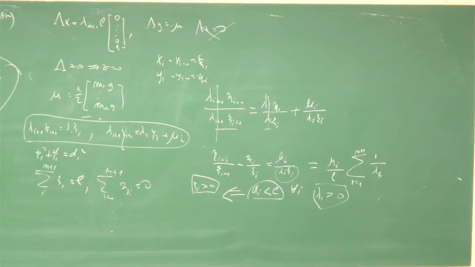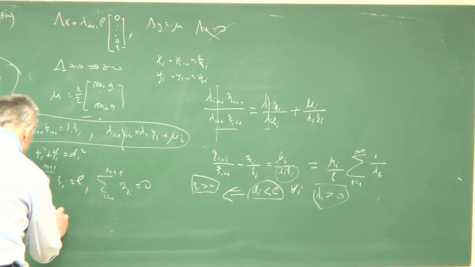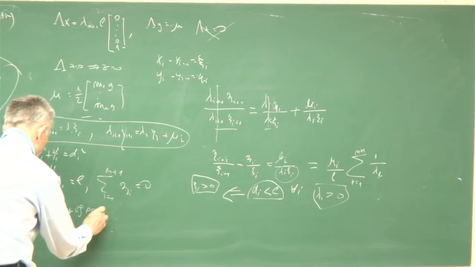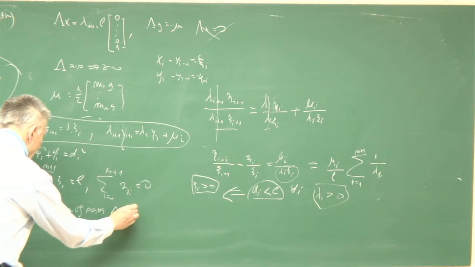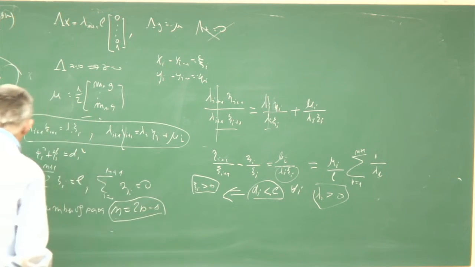Now my next assumption will be that I have an odd number of points, n is equal to 2p minus 1.